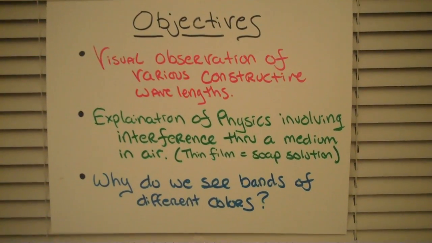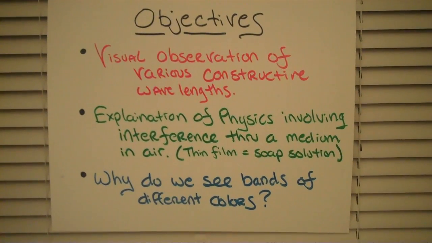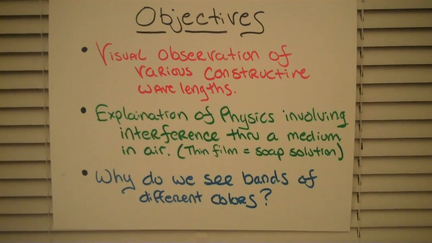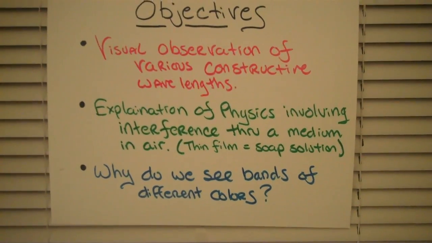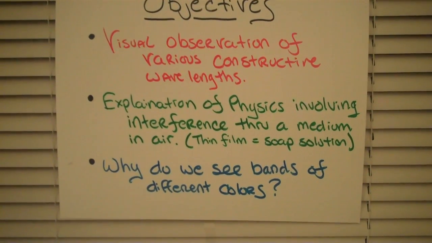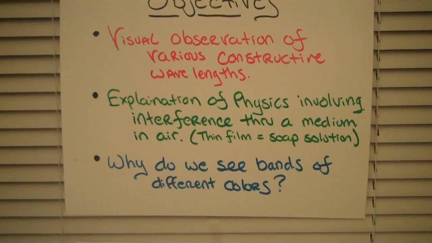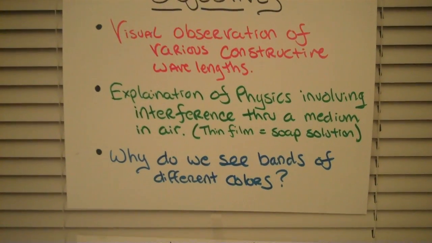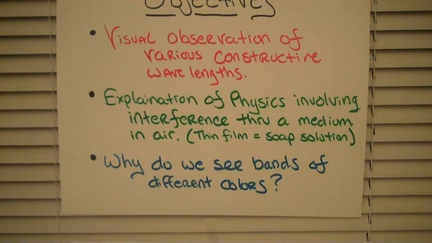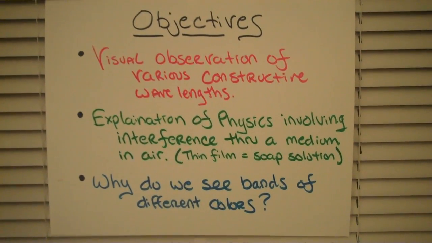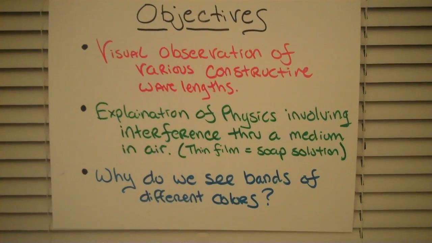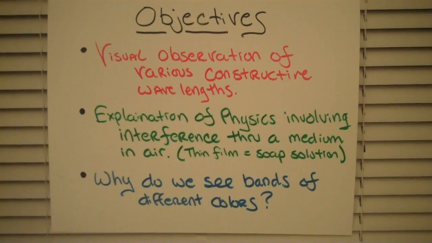First, visually observe the various constructions of wavelengths, an explanation of the physics involving interference through a medium in air. In this case, the thin film is the soap solution. And third objective, why do we see the bands of different colors?